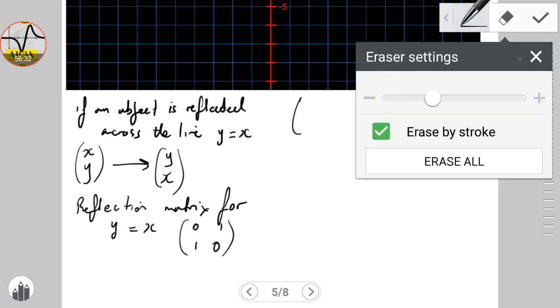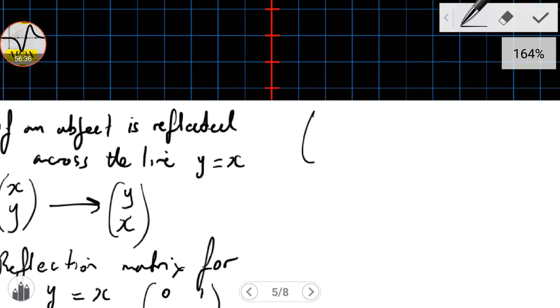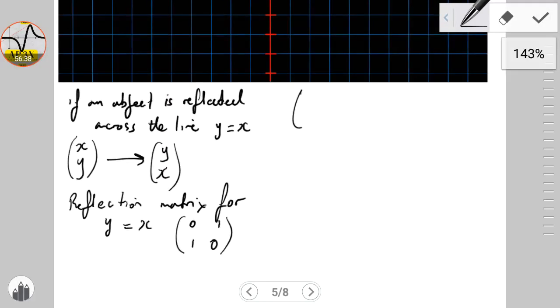So we're supposed to use the correct way that the textbook, or anybody else on YouTube teaching this topic, would show you: use the matrix [0, 1; 1, 0] and multiply it by the points, say here (1, 1), (4, 1), (4, 2), and (1, 4).